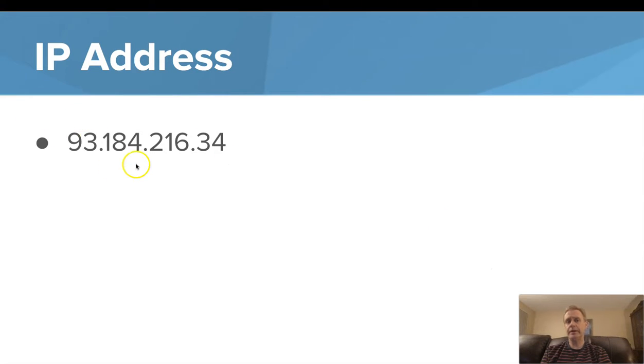This here is an example of an IP address. If you notice, there are these dots that separate this into four different numbers. This IP address is referred to as hierarchical because it sets up a hierarchy where one number is a subset of, or belongs to, the other one.